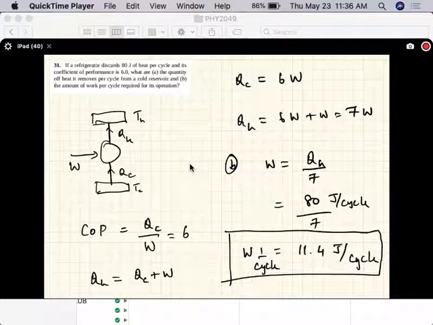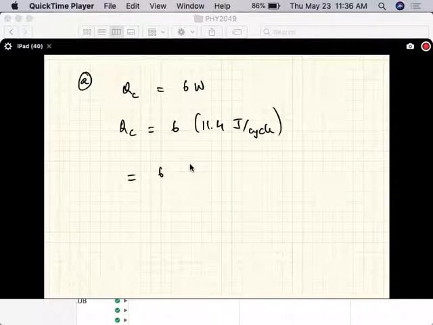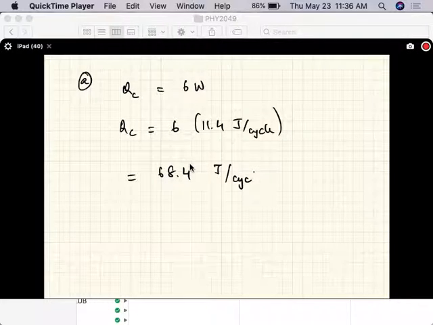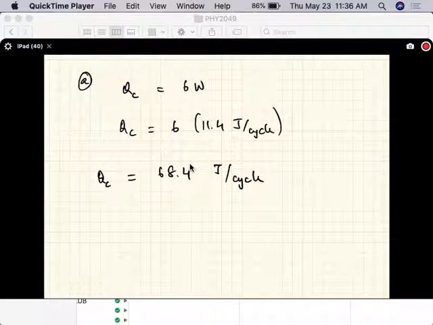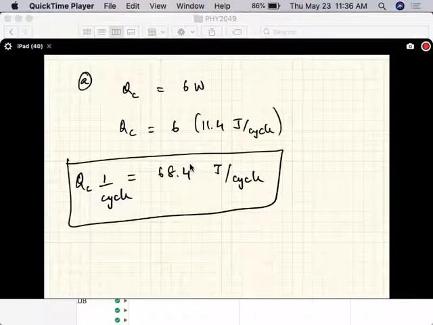So 6 times 11.4 is 68.4 joules per cycle. So the amount of heat you're removing per cycle is about 70 joules.